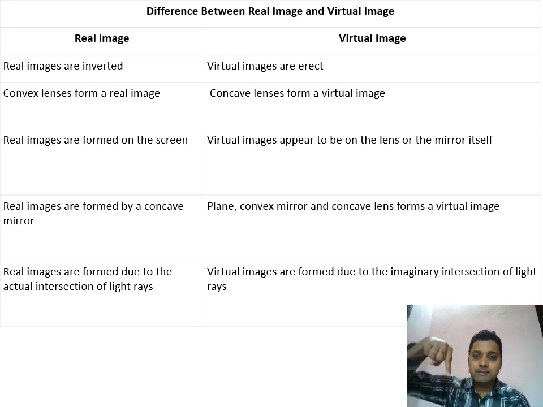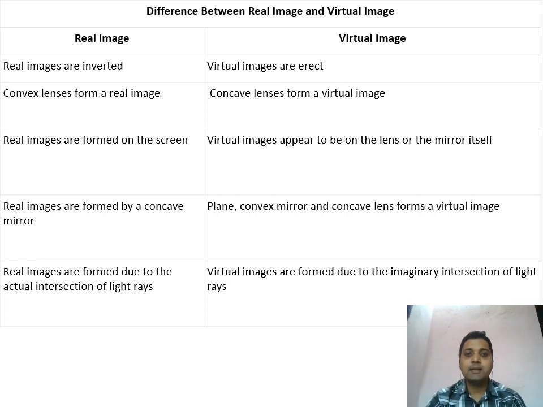But a virtual image is erect, meaning straight. A convex lens and concave mirror form real images, whereas a concave lens and convex mirror form virtual images. A virtual image can be formed by a plane mirror, convex mirror, and concave mirror also. But a real image is formed only by a concave mirror.